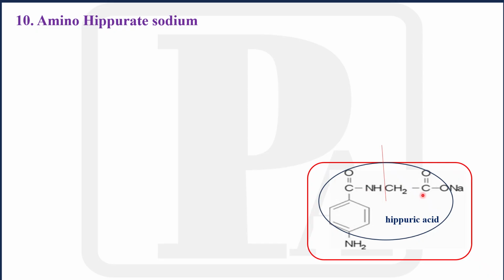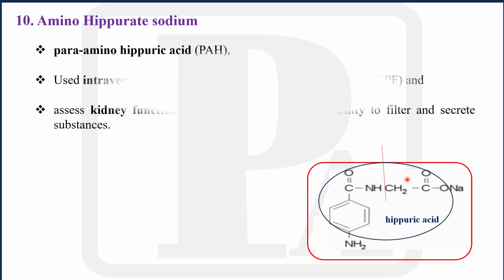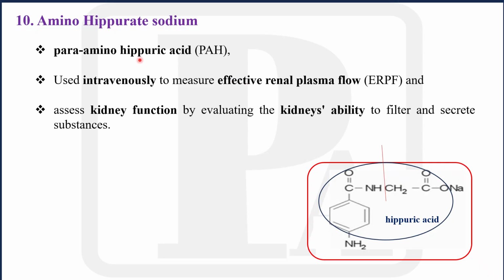Benzamide with acetic acid. This is aminohippurate sodium. So an amino group is added to the para position, and it is a sodium salt. That's why H is replaced by Na. This is otherwise called para-aminohippuric acid, or PAH.